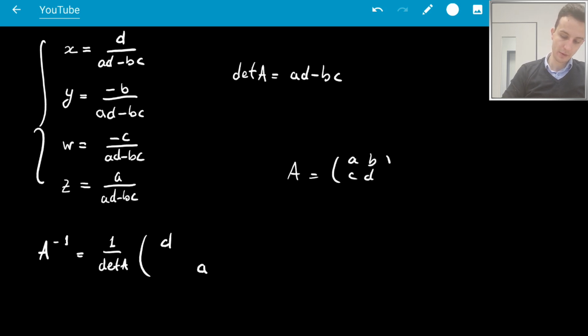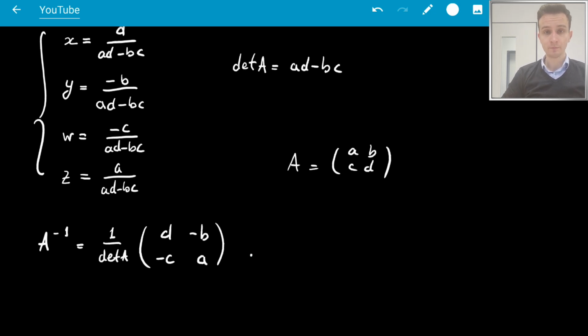A is a, b, c, d. So we have this switch between d and a. And then b and c remain in the same position, but they get a minus onto them. And that's it. That's our inverse of a 2 by 2 matrix.